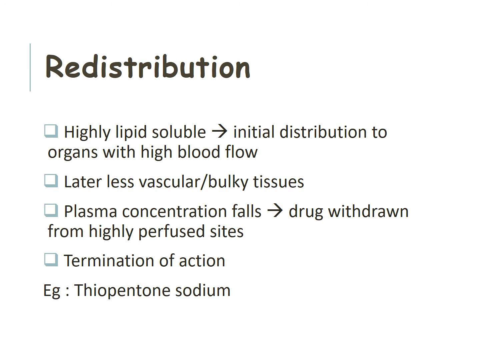When the plasma concentration falls, the free drug present in the plasma will be eliminated, and some will move to the site of action. So the concentration decreases. At that time, the drug will be withdrawn from the highly perfused area. So again, it is acting as a reservoir. Fast they will move to the highly perfused, high lipid affinity region. Then when the concentration decreases in the blood, they will come back from the highly perfused area.